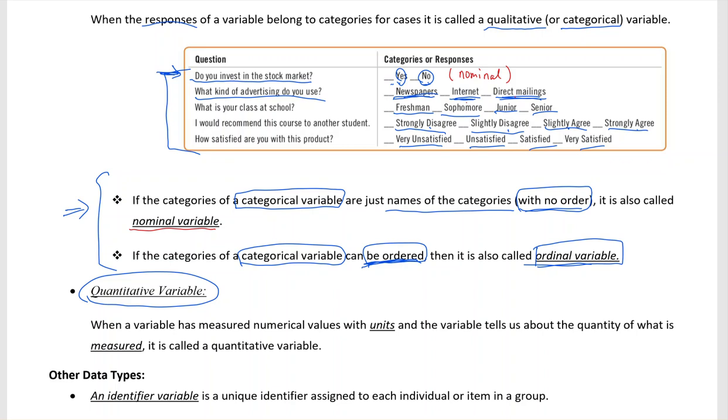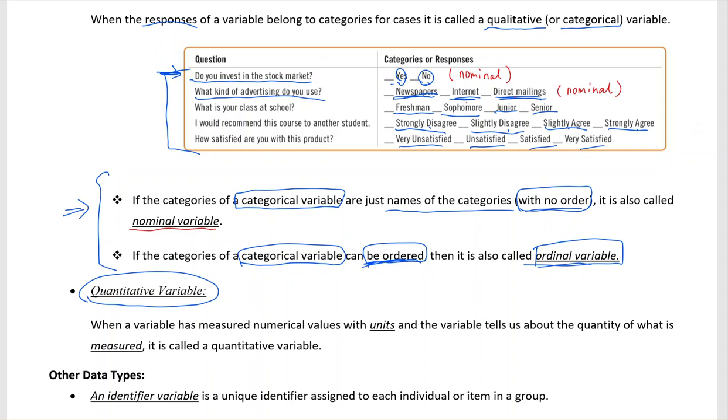Next, you need to decide whether you can order these three categories or not. Of course, you cannot order them, right? They are at the same level. So for this variable, it is still a nominal variable.